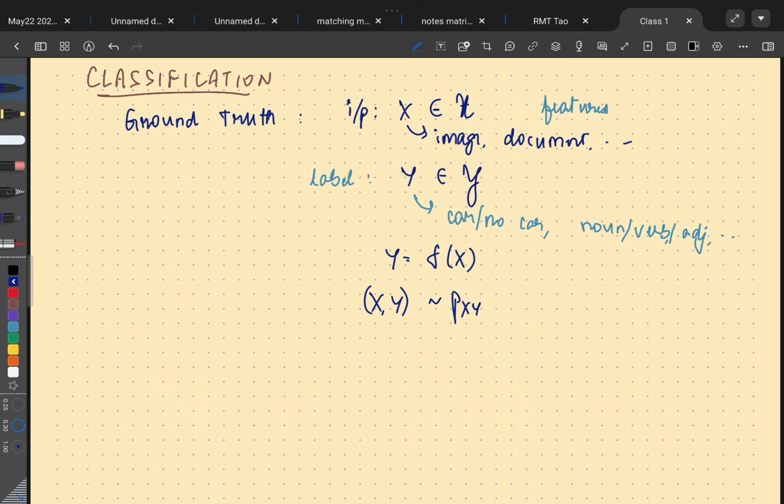When you want to design your spam filter, you don't get an arbitrary email. You assume that the emails are drawn according to some distribution. The emails that you get to your algorithm come according to some distribution. This distribution is not known to you. Okay, that's the most important. So X could be drawn according to some distribution, which is unknown.